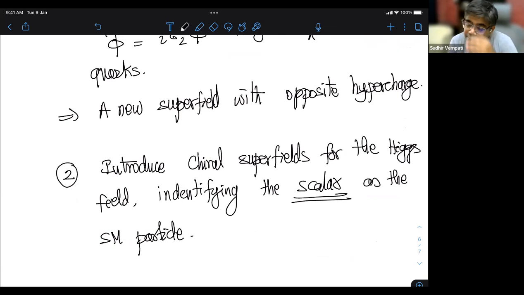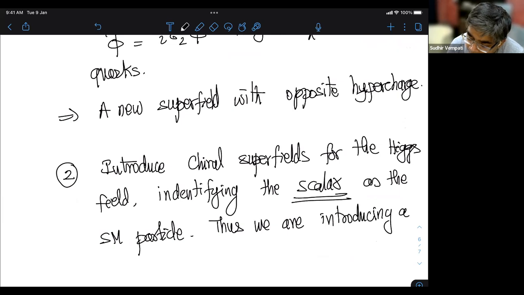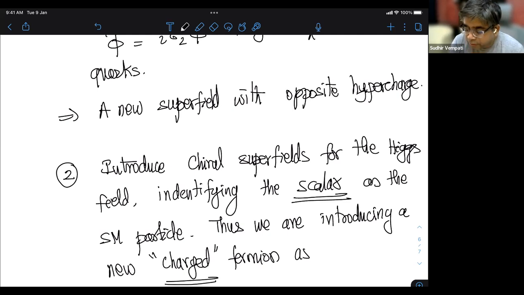Now, compared to the matter sector, this is different, because in the matter sector we are introducing the fermion of the chiral superfield as the standard model particle. But now we are introducing a new charged fermion, charged under the gauge group, as the SUSY partner.